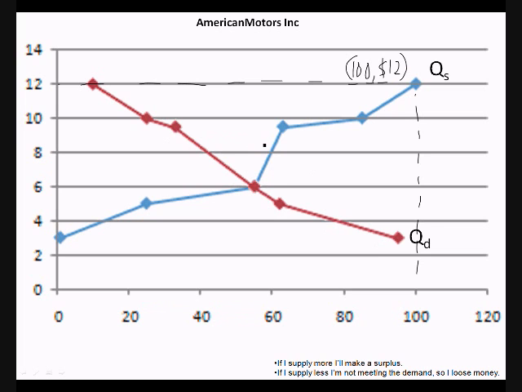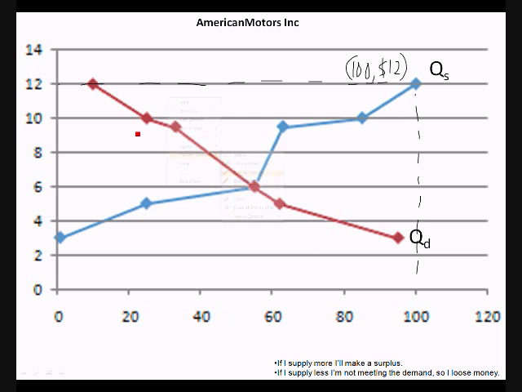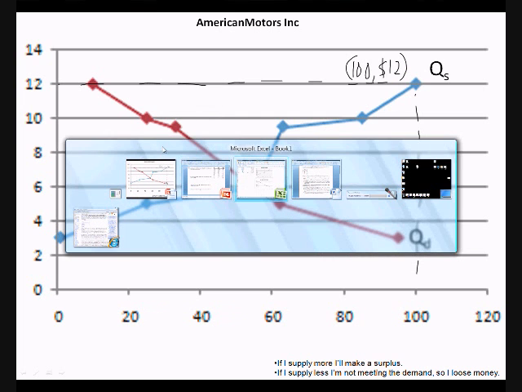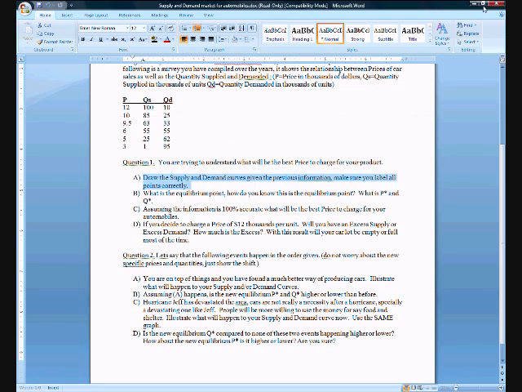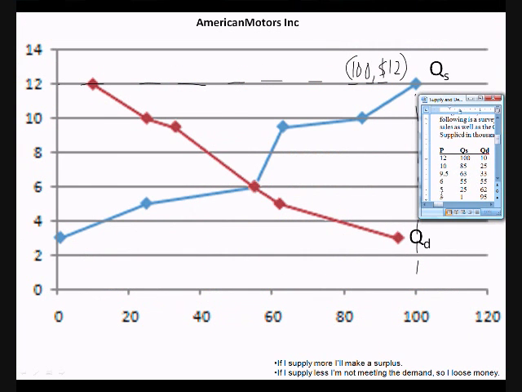Okay, so let's do one for quantity demanded. What's our table again? Looking at quantity demanded, let's say when the price is $10, that's right here, the quantity demanded is 25.